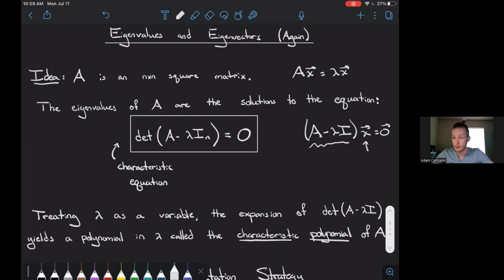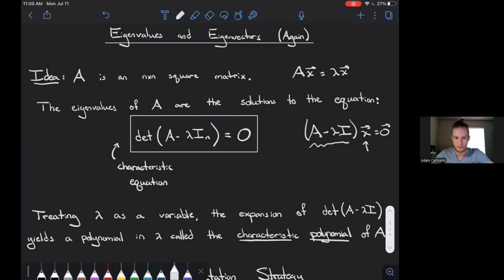So x has to be in the null space of this matrix, and in particular, that means the null space can't be trivial, which means the matrix cannot be invertible. One of the characteristics of an invertible matrix is that it has a trivial null space. So for a matrix to have a non-trivial null space, it cannot be invertible, which means that its determinant must be equal to zero.